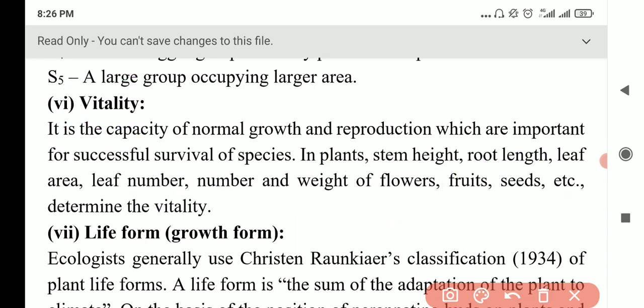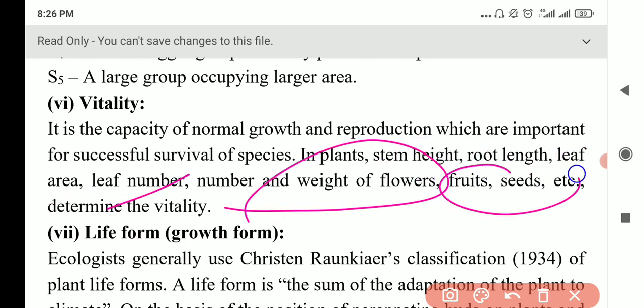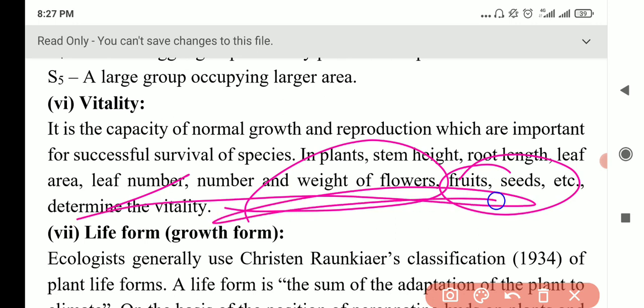Anything which is more in number. If they have longer roots or a longer stem, they can reach the sun better. If they have bigger leaf area, they can photosynthesize more. If they have many more leaves, flowers, fruits and seeds, they can reproduce much stronger and provide much more food. These are the examples of vitality.